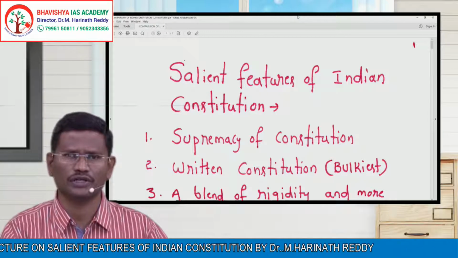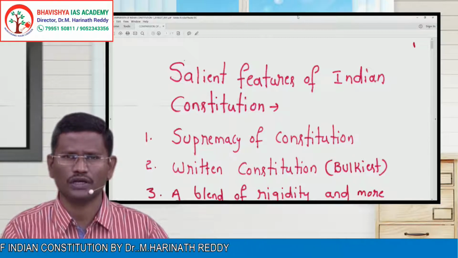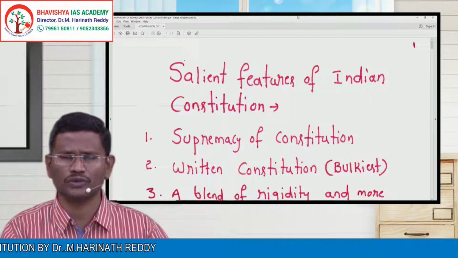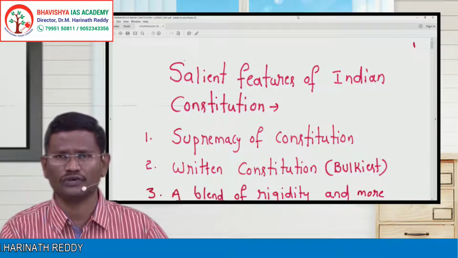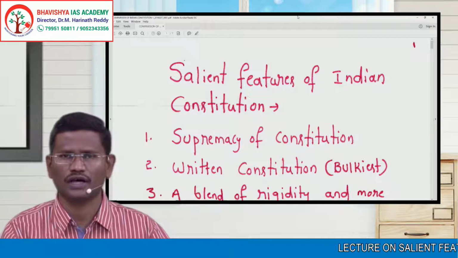In addition to this, the framers of the Indian Constitution have included even minor administrative details which are otherwise left to the legislative branch of the government to be decided as and when the situation arises.